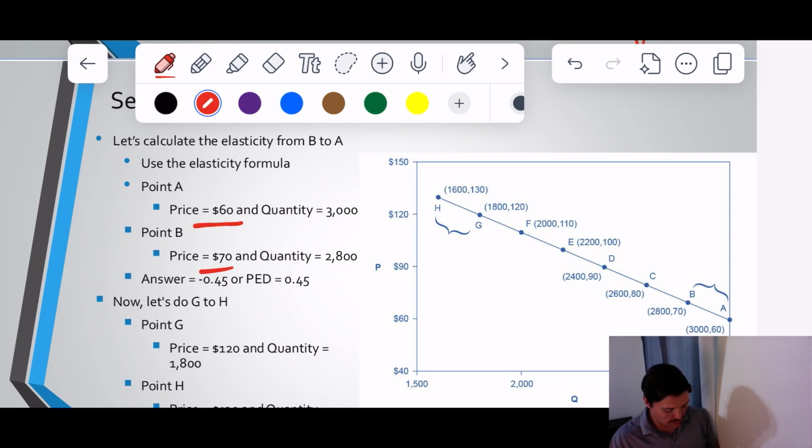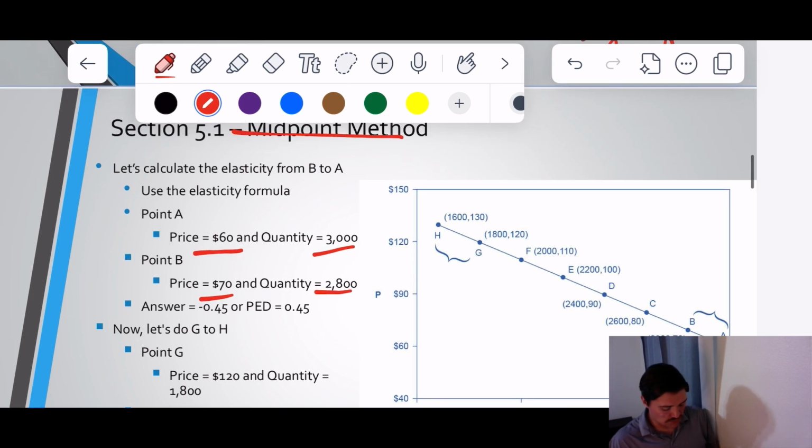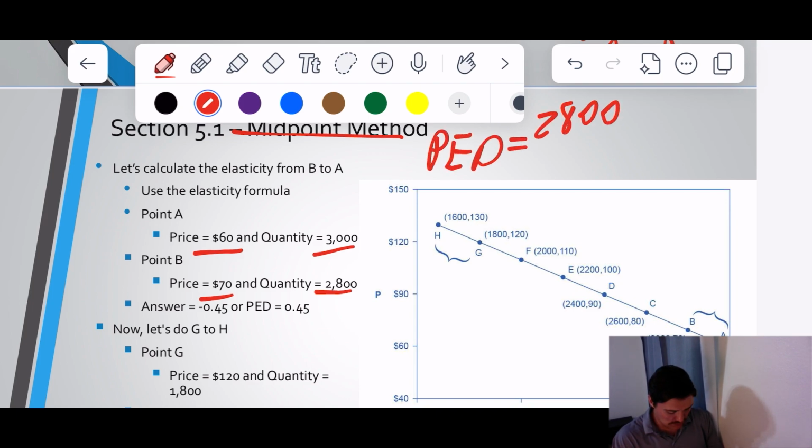So we have our prices and our quantities. What goes on top? Quantity. Quantity always goes on top. And so we'll do from B to A. So we'll do PED. We'll do 2800, I'm sorry, new. But again, it doesn't matter which way you go, but we'll keep following that same format. So 3000 minus 2800.